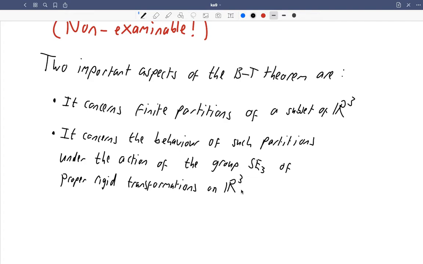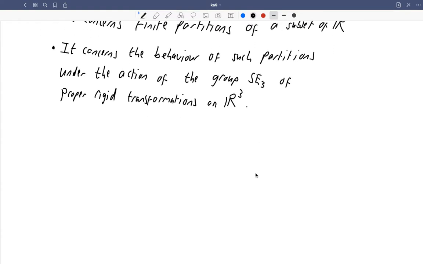And it doesn't matter if you haven't met the group SE3 before, because as I've already told you a couple of times, a proper rigid transformation is just a transformation that is a combination of rotations and translations.